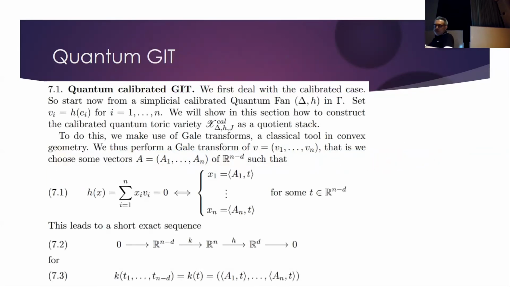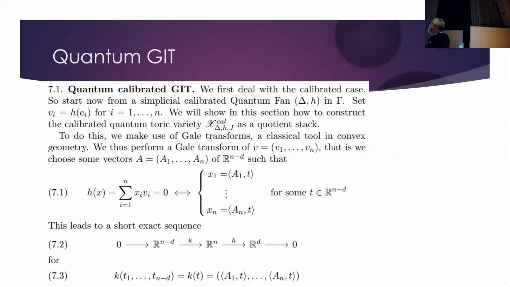Now we have geometric invariant theory, quantum geometric invariant theory. The calibrated case is an important case. The non-calibrated case is too singular, too irregular. So the calibrated case is the important case. And so we have this fan and this H, that is our deformation parameter, our h bar.